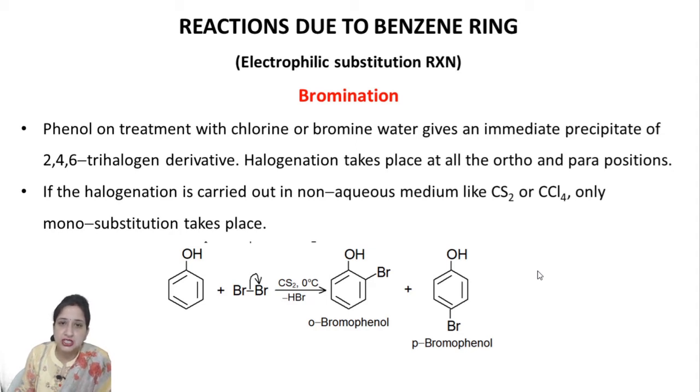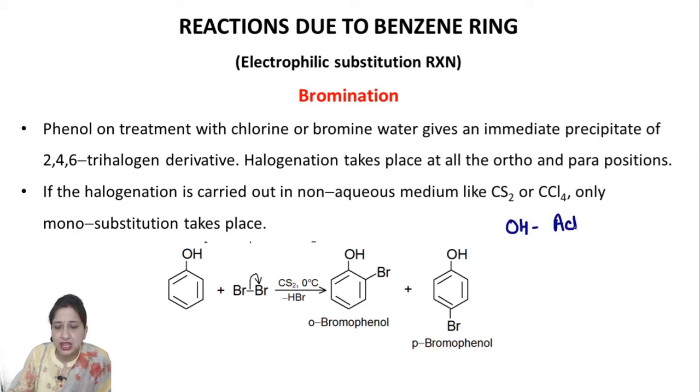Next type of reaction is reaction due to the benzene ring, and these reactions are also known as electrophilic substitution reaction. Electrophilic substitution reaction means any electrophile can attack on this ring, and it is found that phenol is even more reactive than benzene ring, because OH group is an activating group and it is ortho-para directing in nature.